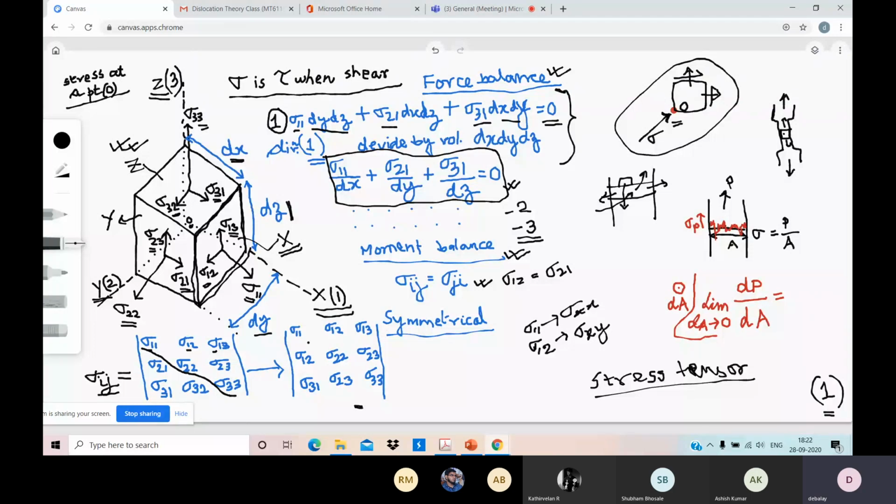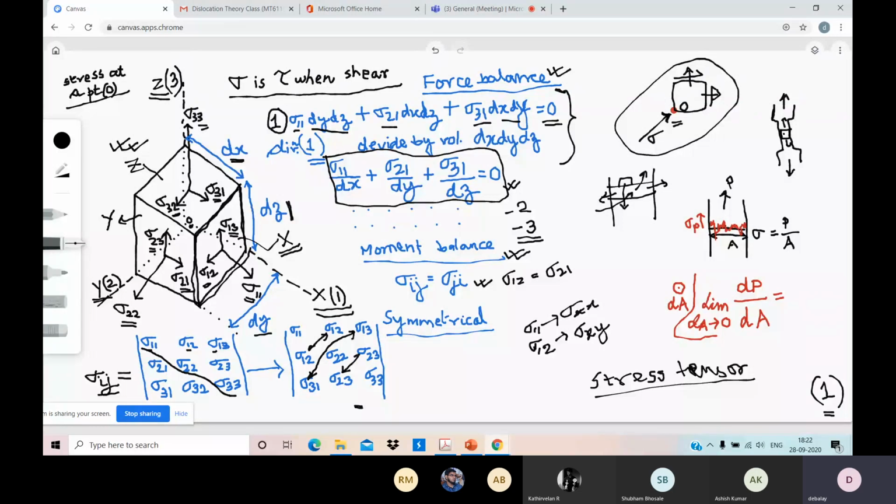That means these two terms are the same, these two terms are the same, and these two terms are the same.